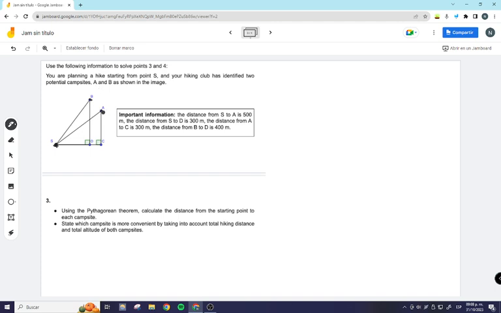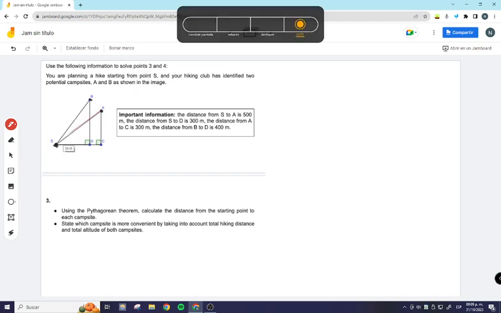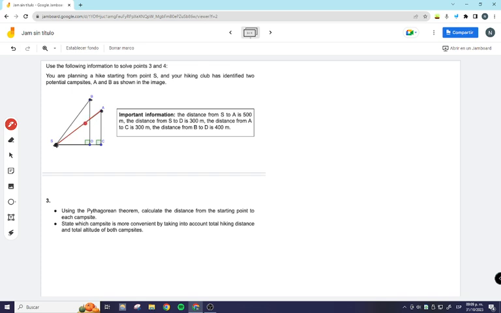This is other important information. The distance from S to A, look at it, I am going to put it in colors. From S to A, I am going to use red, is 500 meters.